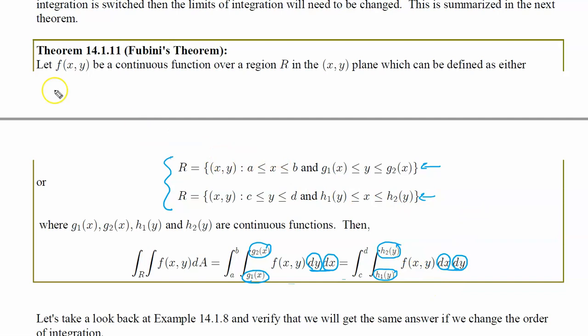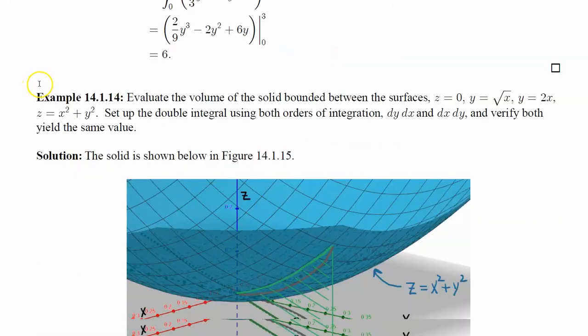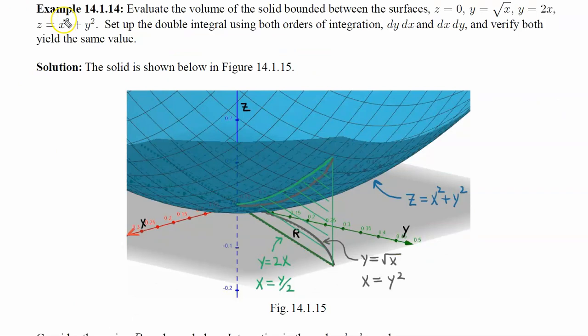Okay, let's take a look at another example. Now let's take a look at this example. So here we want to find the volume of the solid bounded between the surfaces z equals 0. Now that's the xy plane. Y equals the square root of x.